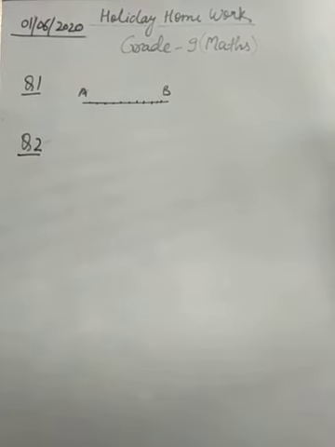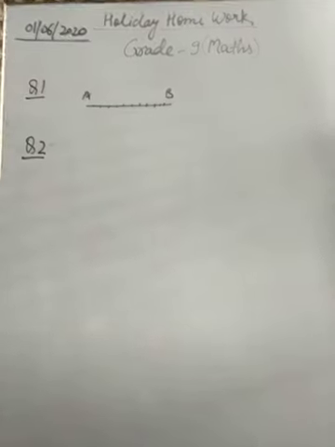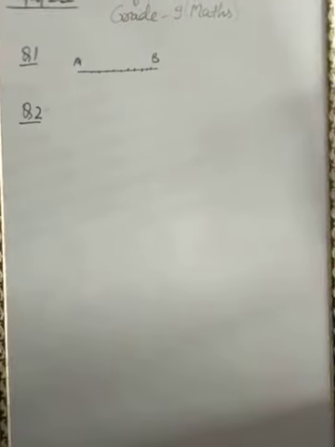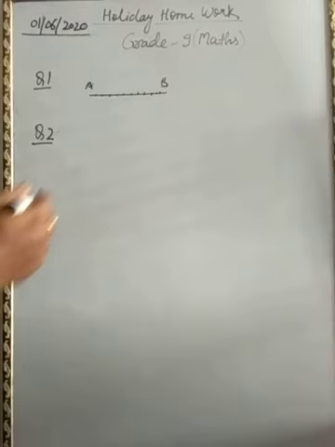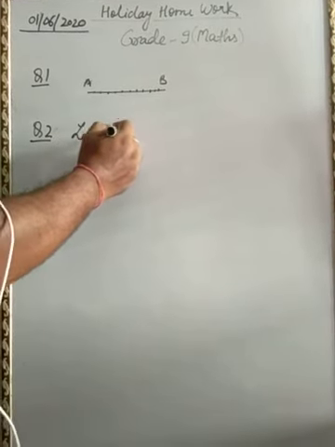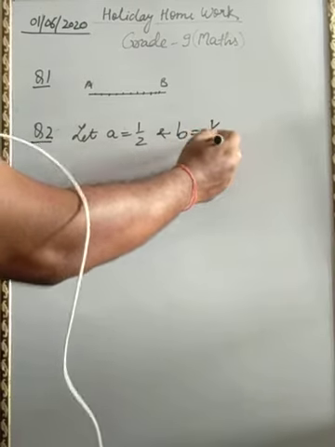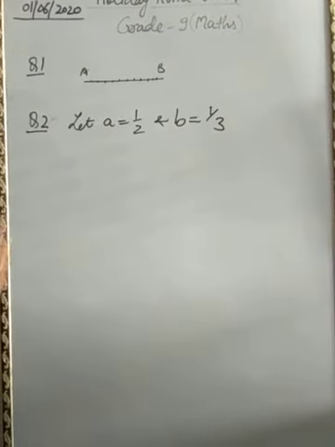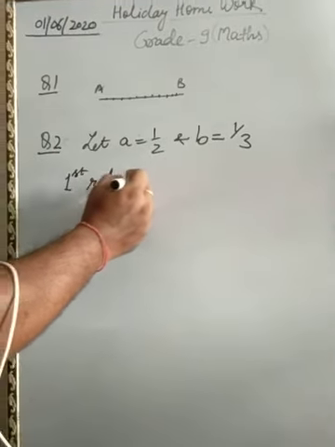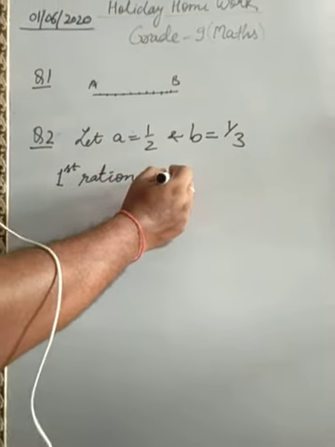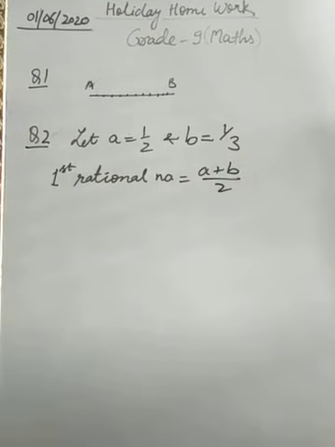Find two rational and two irrational numbers between 1 upon 2 and 1 upon 3. So, first of all, we will find the rational numbers. We can consider, let A equals 1 upon 2 and B equals 1 upon 3. So, the first rational number equals (A plus B) upon 2, right?